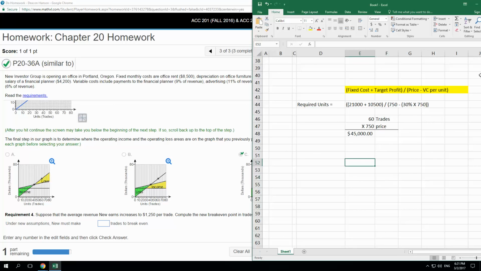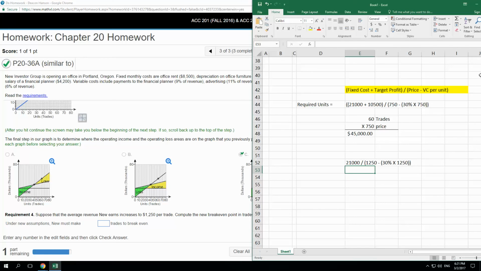So if it's 21,000 fixed costs, we're going to divide that by the new price of 1,250 minus 30% times 1,250. Let's see what we get.